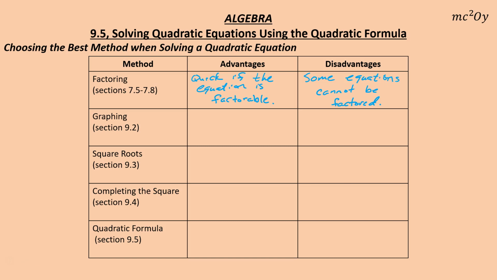Graphing is another method. Some benefits there, I have 2 I can think of. You can easily see the solutions, right? They're just the x-intercepts.